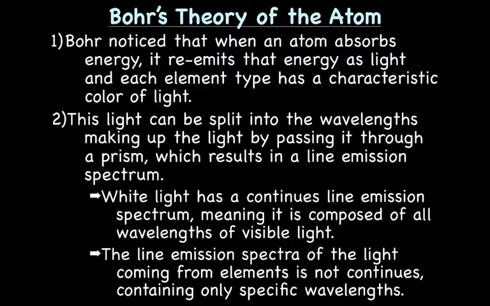Okay, but with these line emission spectra of light coming from elements, it's not continuous. It only contains very specific and discrete wavelengths. So you would see something like maybe some purple and some yellow and then maybe some red, but not all the stuff in between. Okay, so that must suggest, well, let's see what it should suggest.